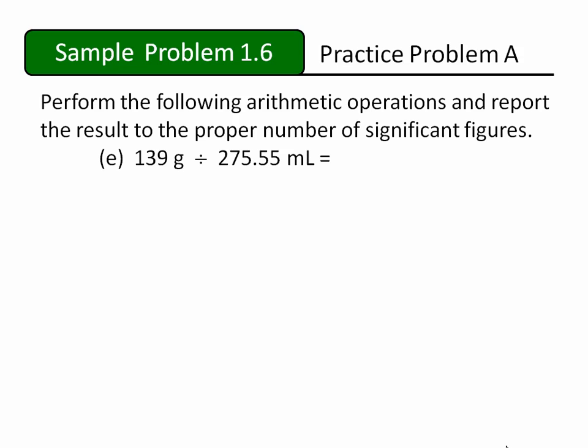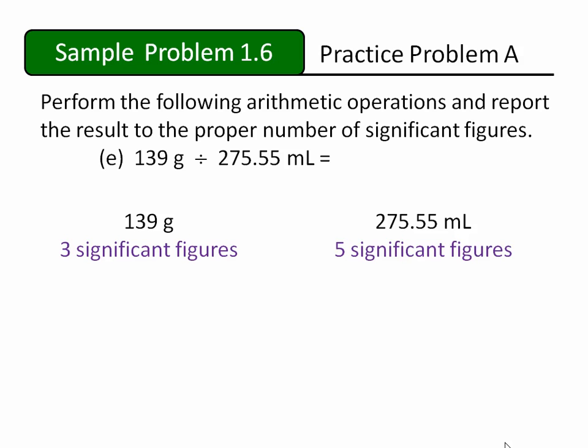The final exercise in this problem asks us to divide 139 grams by 275.55 milliliters. This is division, so we will focus on total significant figures again. The measurement of 139 grams contains all non-zero digits, so there are 3 significant figures here.